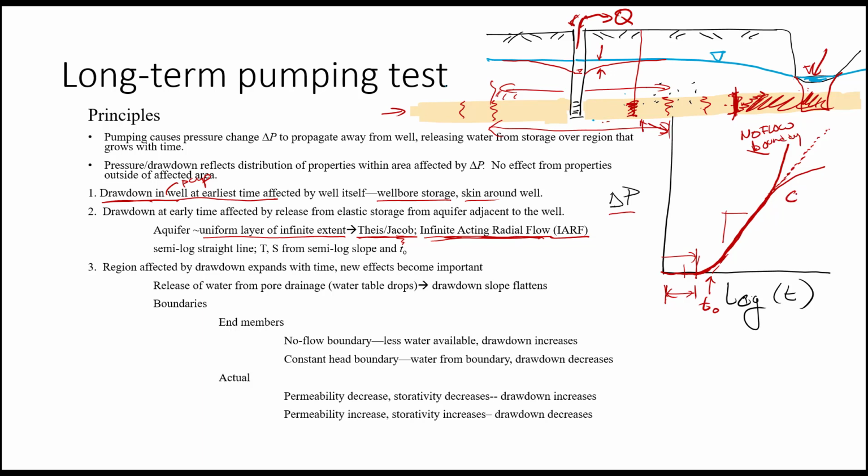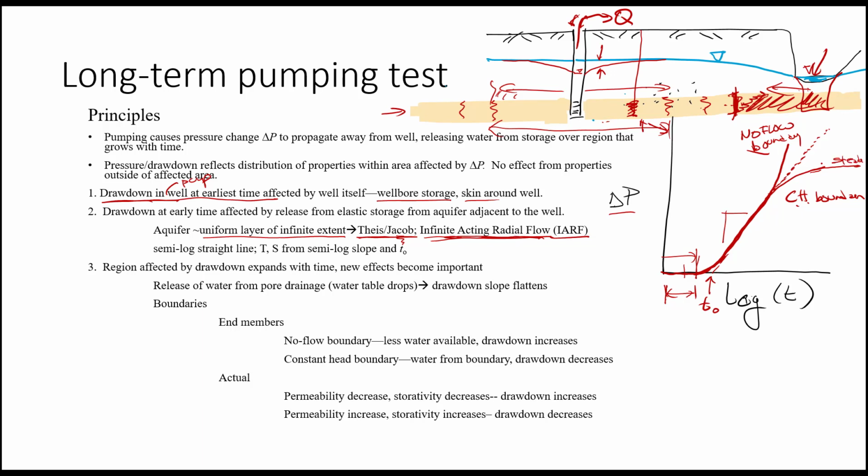And this would be a constant head boundary. And what can happen is we can keep pumping, and eventually the leakage out of this stream could be equal to the flow rate out of the well, in which case we can have the heads just level out and we go to steady state.